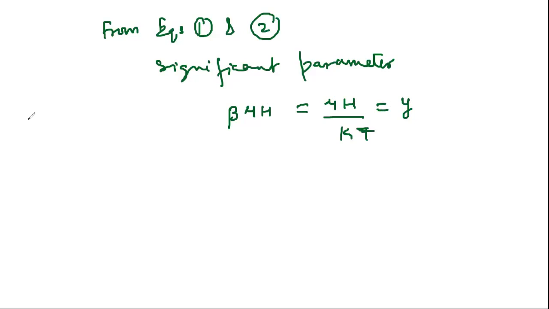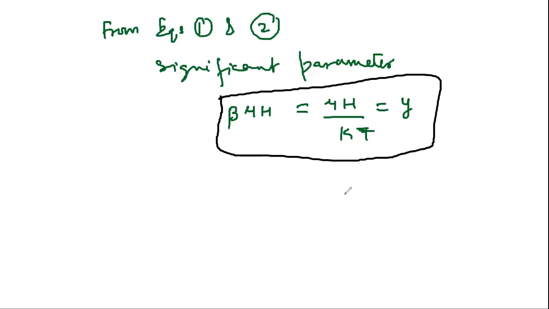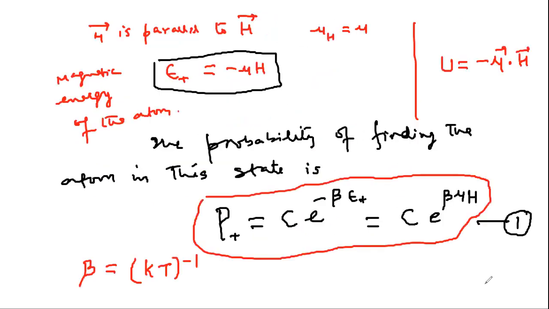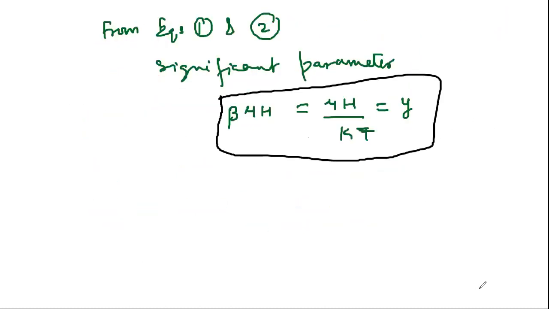Let me encircle it here. As we see from equations 1 and 2, which we wrote for P minus and P plus, the significant parameter is this beta mu h, which is equal to mu h by kT, and we can simply designate it by y.